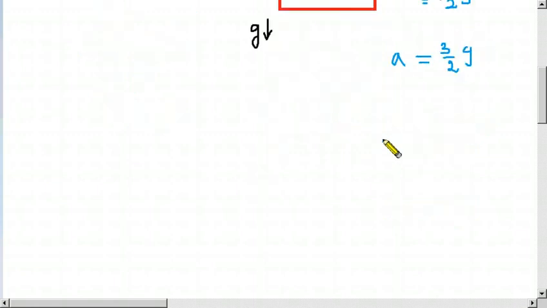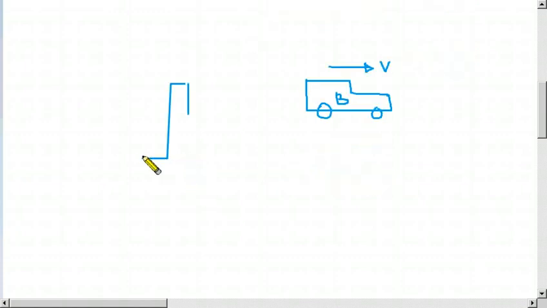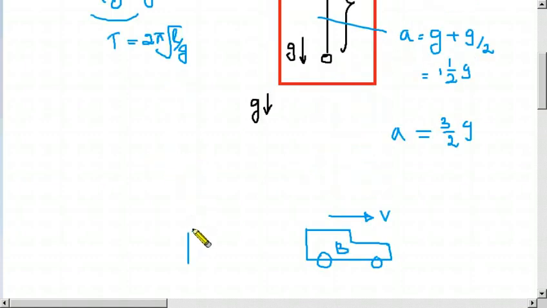If you don't understand it, let us talk about velocity. Suppose there is a vehicle B moving to the right side at a velocity v. There is another vehicle A moving to the left side.